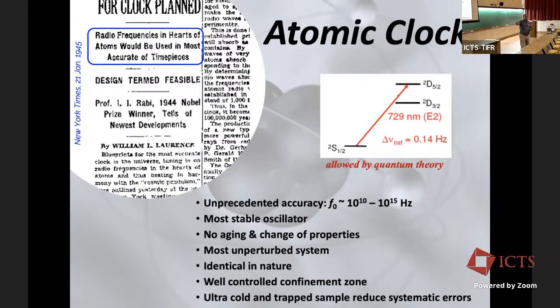Let's say you have a pendulum which is oscillating 1 per second, and in this case, none of the counters can be perfect. There is always some error in everything. Let's say your counter misses just 1 count, that means you are missing 1 second immediately because the oscillation period is 1 second.